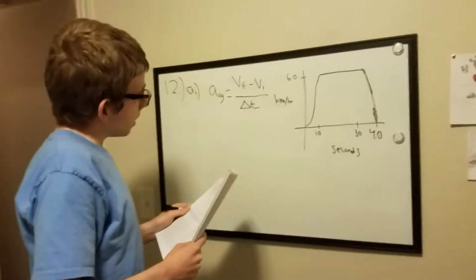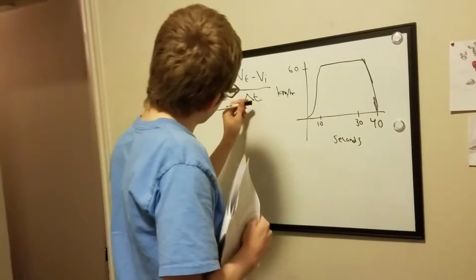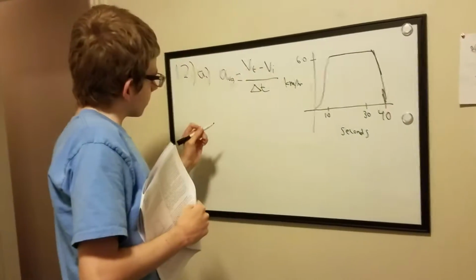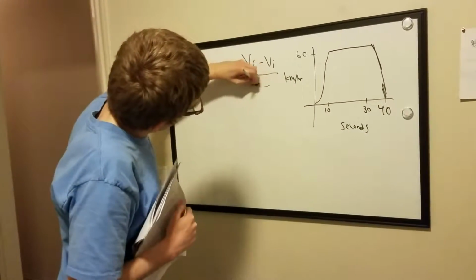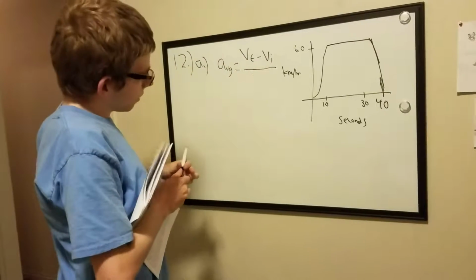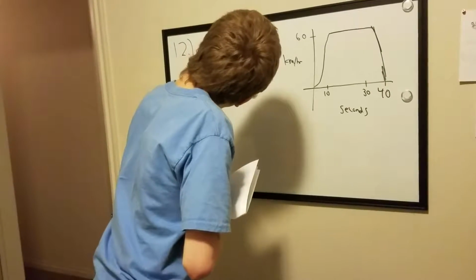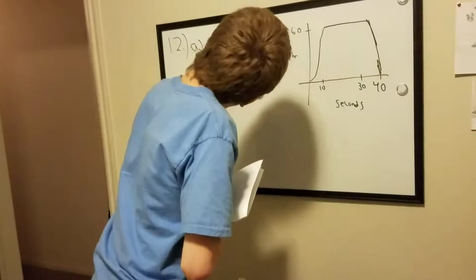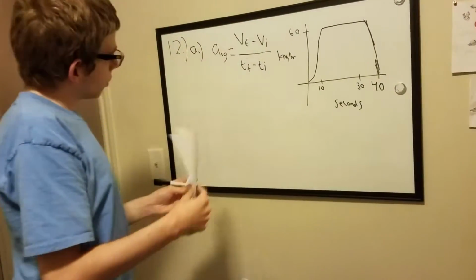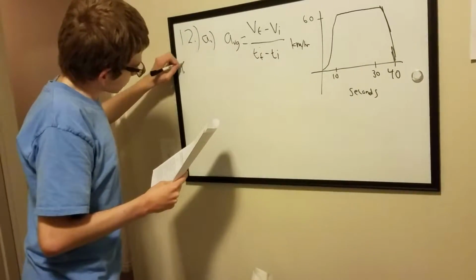So then that means for A, we just plug in our values. Actually, let's just change this to t final minus t initial, because it'll make it a bit easier to follow. Okay. So first we just plug in our values.